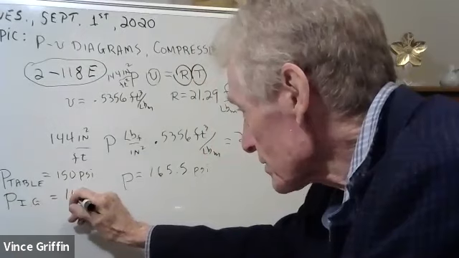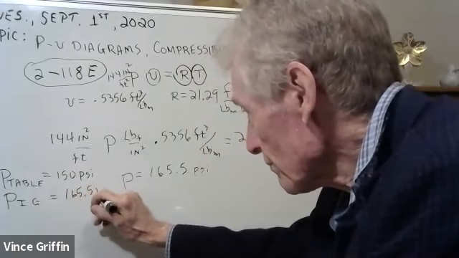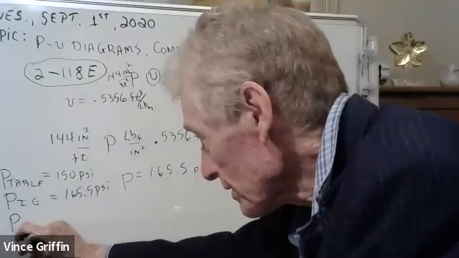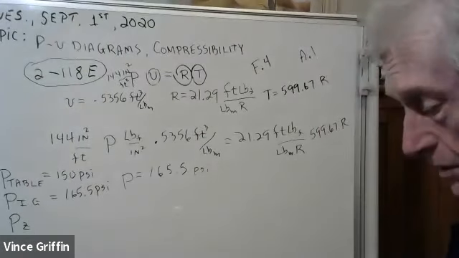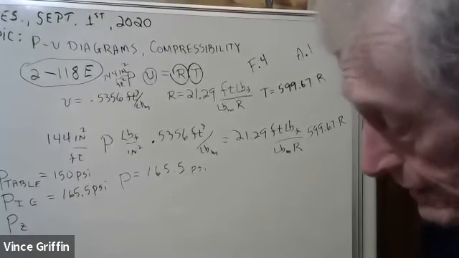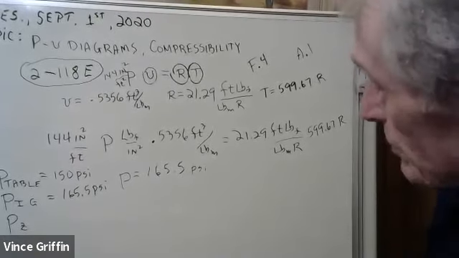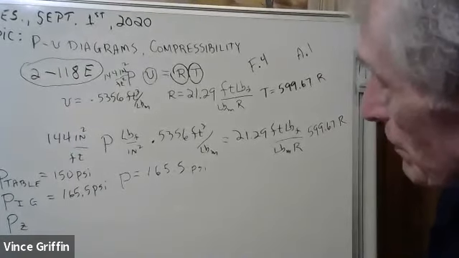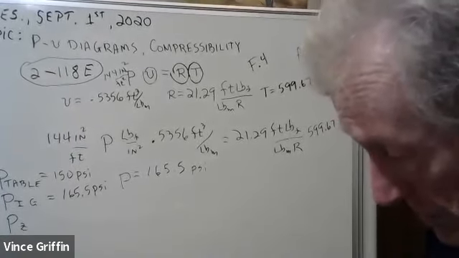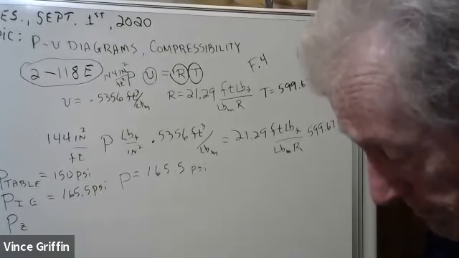And we got 165.5 PSI. Now we're going to do it with the compressibility. Oh, gee, we only have 8 minutes. I'm going to have to hurry. But I think I can do it. We got 8 minutes. You're going to do your homework. You're going to read your chapter.